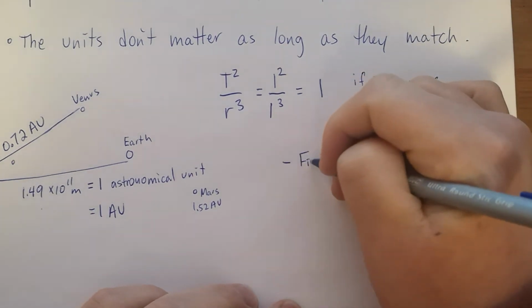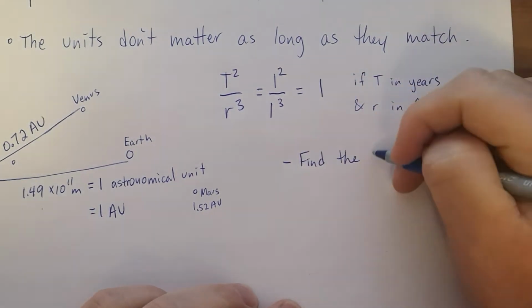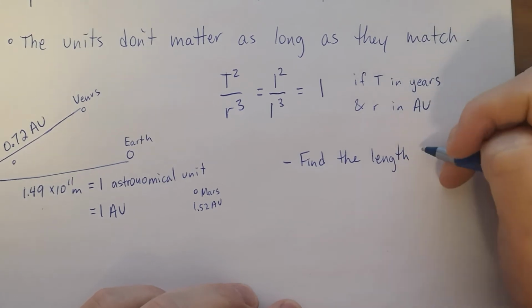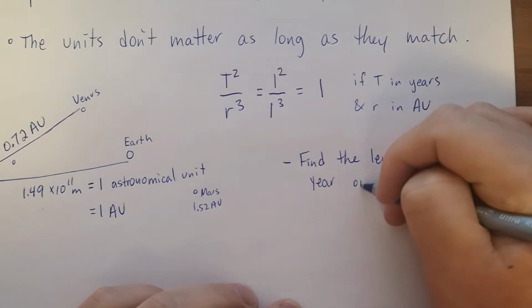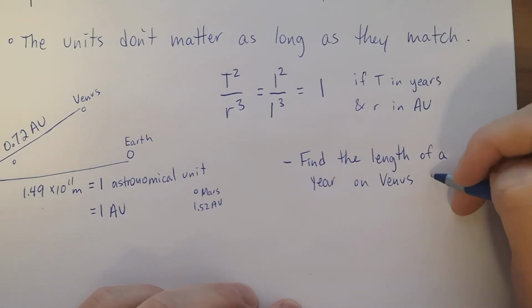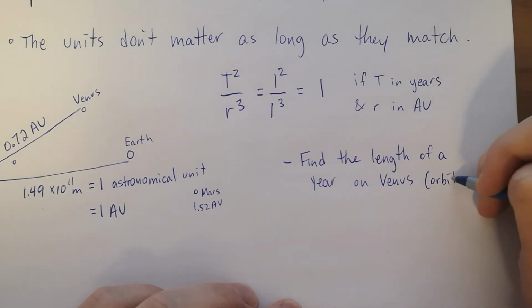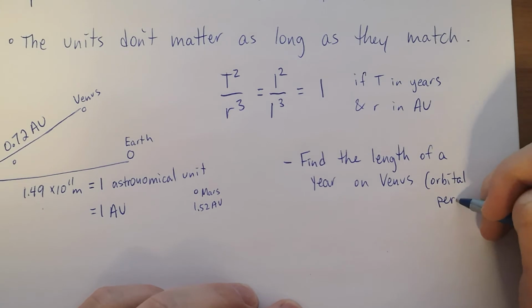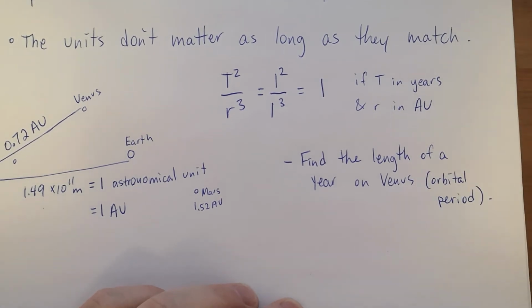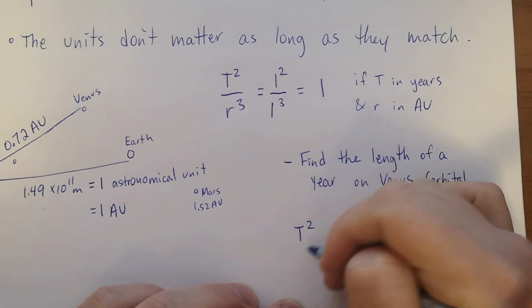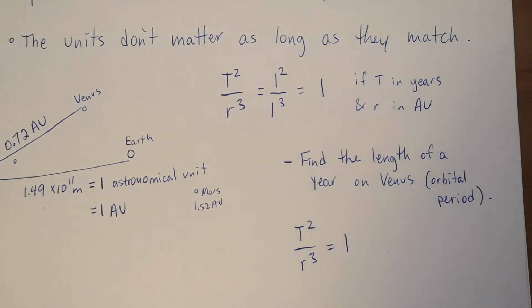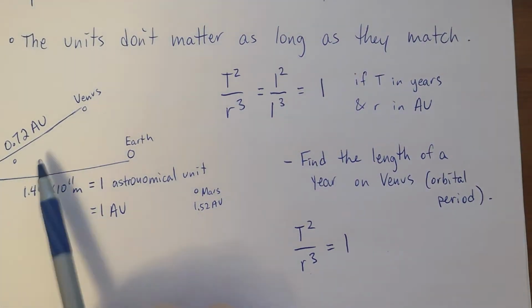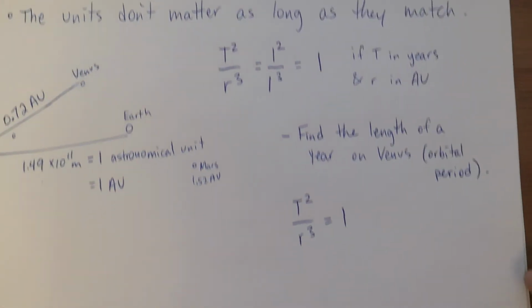Let's find the length of a Venusian year, a year on Venus. So that's its orbital period. We can just say T squared over r cubed equals 1. We know what r is in astronomical units right here.